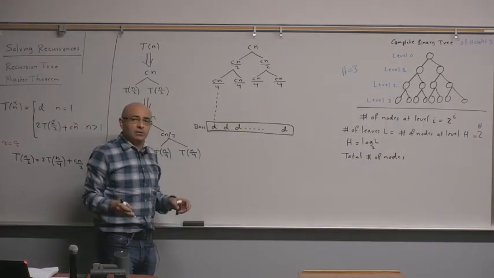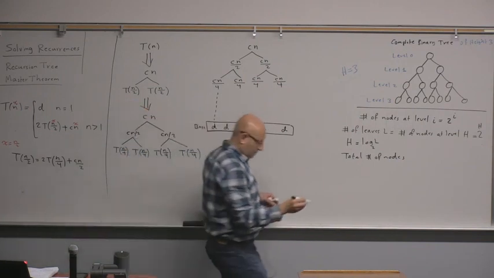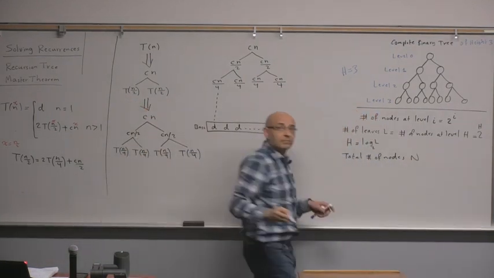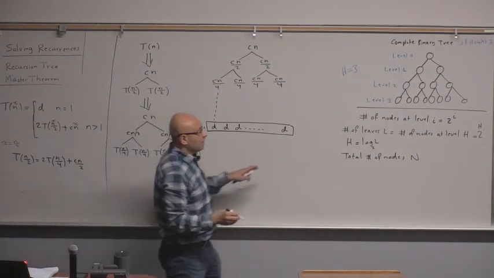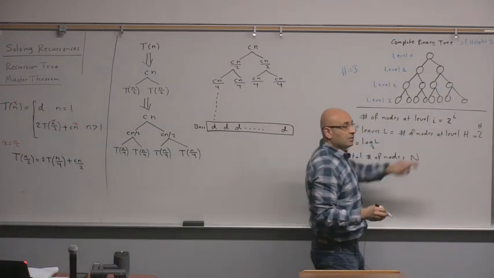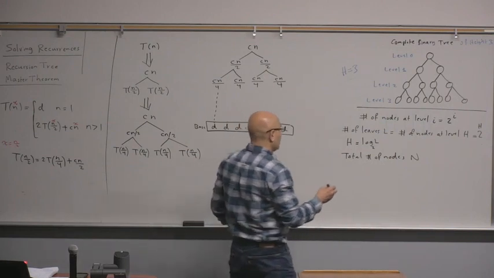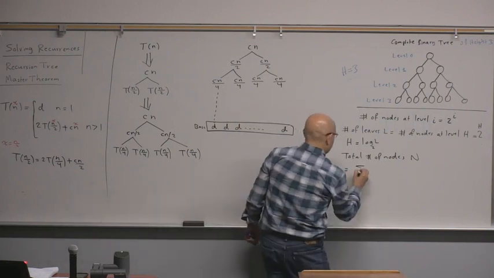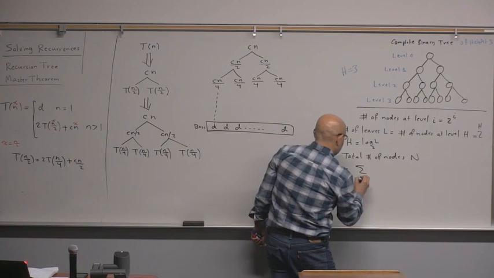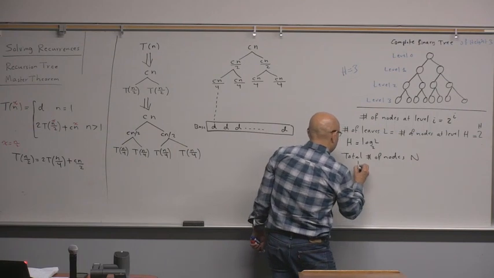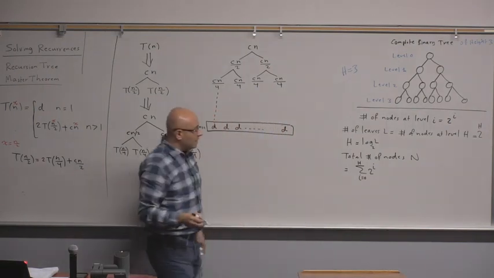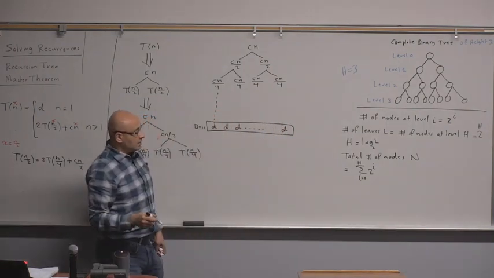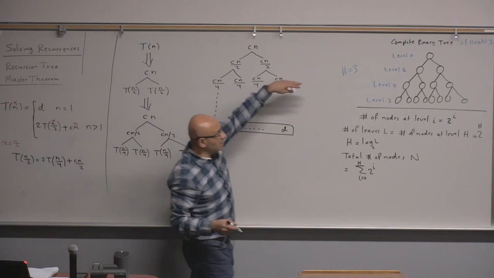Now the total number of nodes, N. How do we calculate it? If we know the number of nodes at level I, we can do a summation: the sum from I equals 0 to H of 2 power I. So for the total number of nodes, we just sum the nodes at each level.